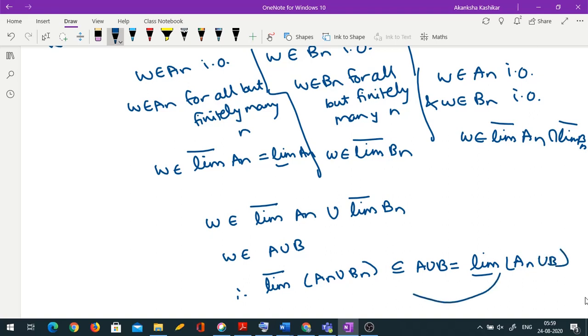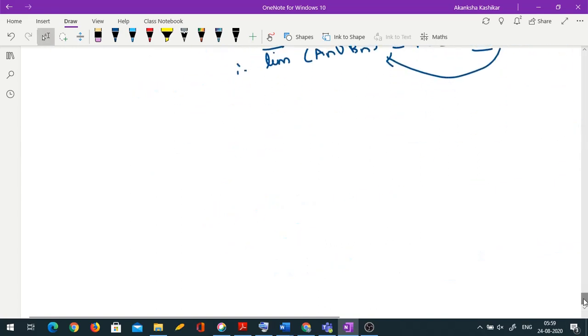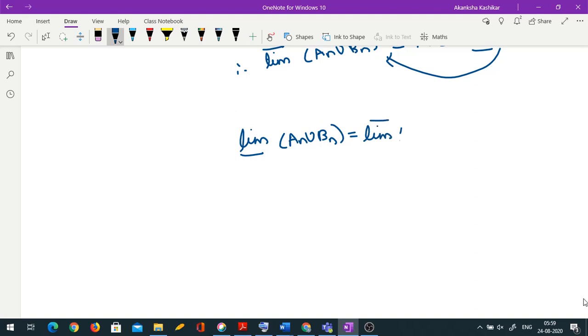And we know that liminf is always a subset of lim sup. So now everything has to be equal. Okay. So we have proved that liminf of A_n union B_n is the same as lim sup of A_n union B_n, and it is the same as A union B. Okay.